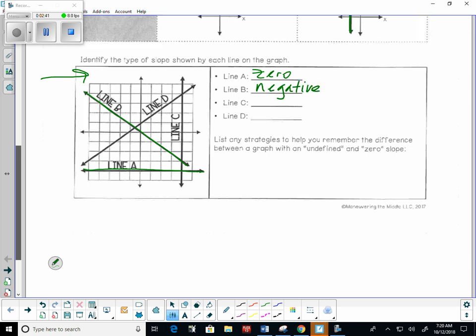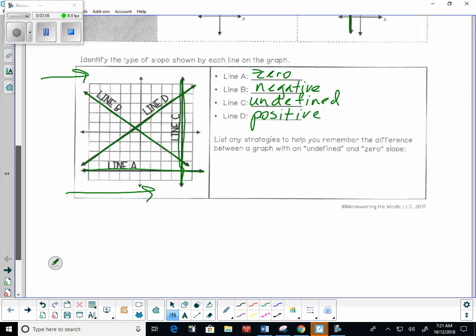Line C, we're going just straight up and down. If we fell off a cliff, we would call it an undefined experience. Undefined. And line D, when we're going again from left to right, goes uphill, so it is a positive slope.